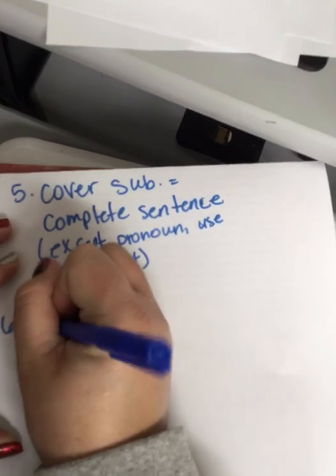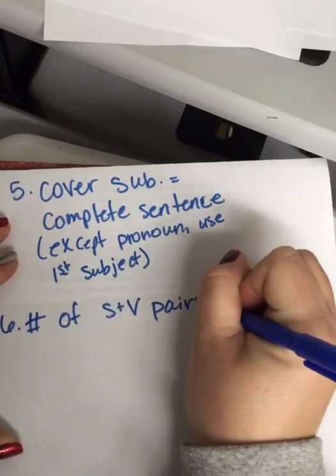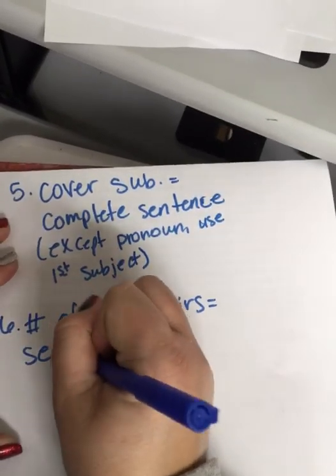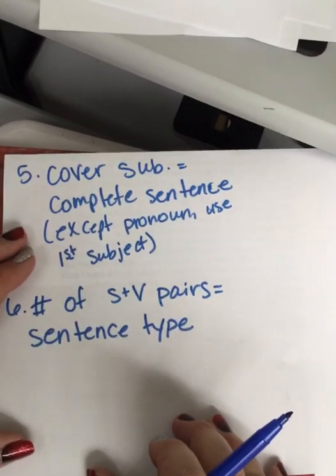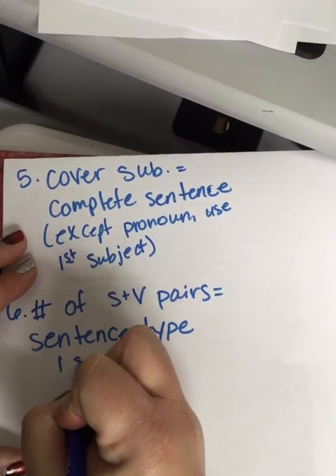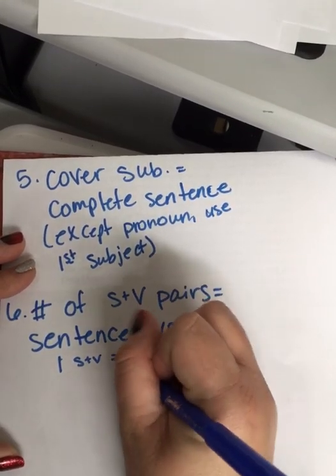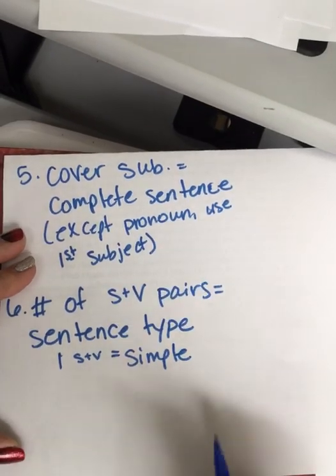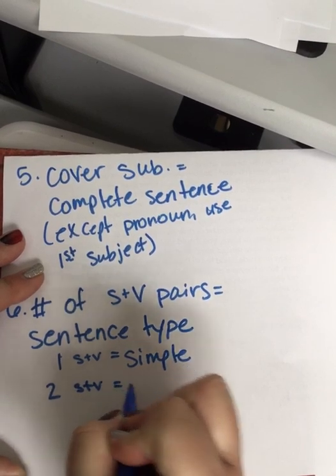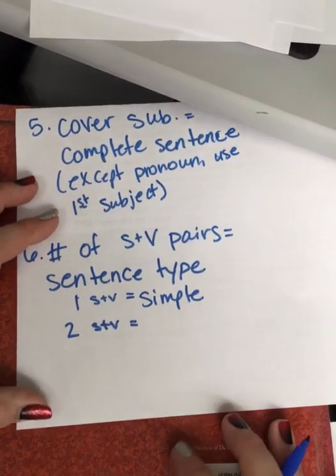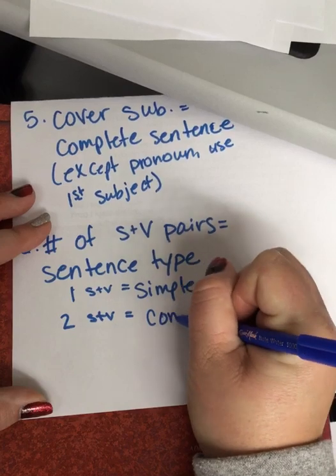Number 6. The number of subject-verb pairs equals the sentence type. If there is only one subject and verb, what type of sentence is that? Simple. Now, if there are 2 subject and verbs with no subordinator, what kind of sentence is that? Compound.